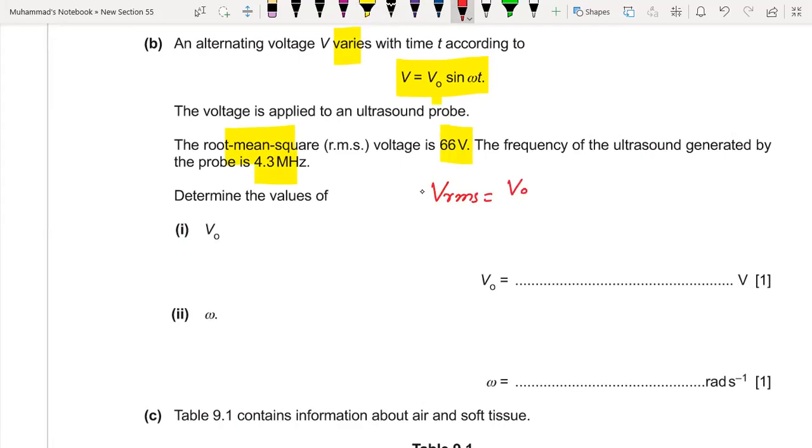Vrms in this sinusoidal signal is V naught over root 2. We know the RMS value, that is 66, and we have to find the peak value. So peak value will be square root 2 times 66. You can easily calculate using your calculator, and in this case it is 93 volt.